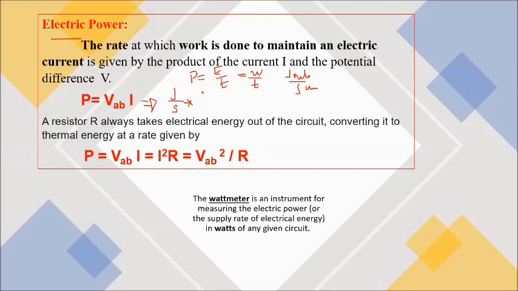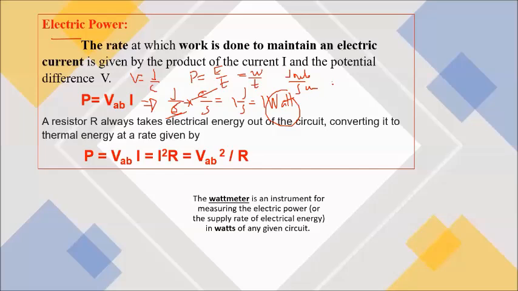By the way, V, volt, is J over C. So when we multiply, the unit of P is J over S. And 1 J over S is equivalent to 1 watt. So yung unit ng power, therefore, is watt.